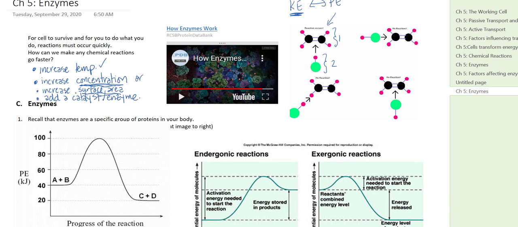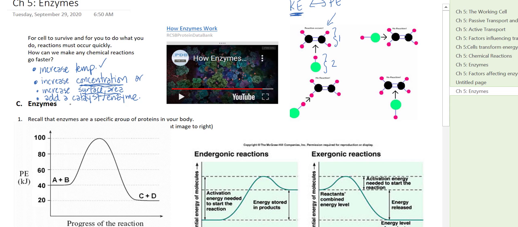So if you think about dancing by yourself in the bedroom versus dancing in a mosh pit, when you're surrounded by tons of other people, well, you're going to have collisions, right? So if you increase the concentration, you're going to have more collisions. More collisions means a greater number of successful collisions, and the rate goes up.